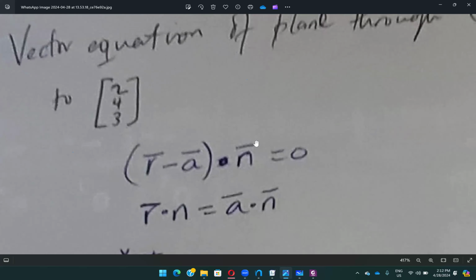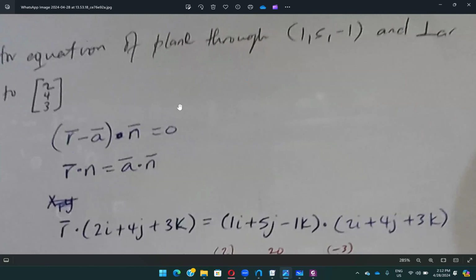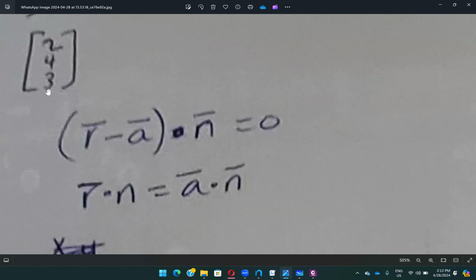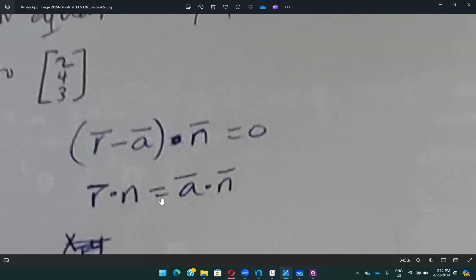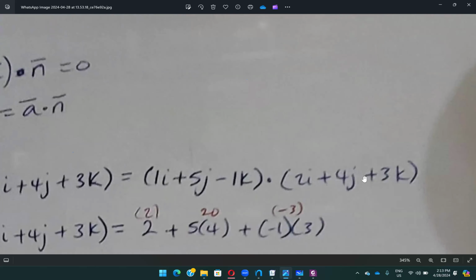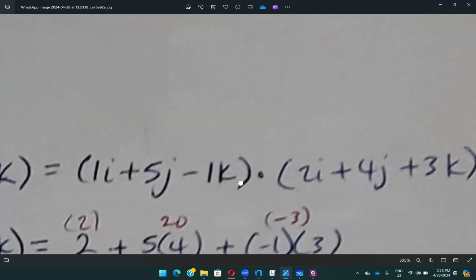The normal vector is the one that is perpendicular, and A is the point that it passes through. We're going to expand and bring it on both sides. And we're going to have r being the variable still. The dot product with the normal vector is equal to the point that it passes through, dot product with the normal vector. We're going to do that now, right?